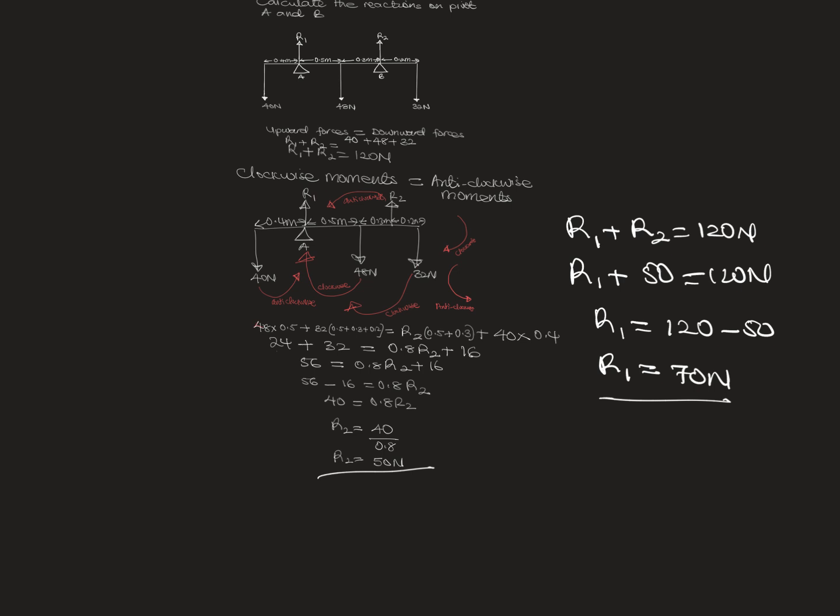Moments can be taken from any point, from pivot A, from pivot B, and you'll have the same answer. The only thing is, should you take moments outside of the pivots, usually you're going to have a simultaneous equation to solve. So the answers will be the same, basically.